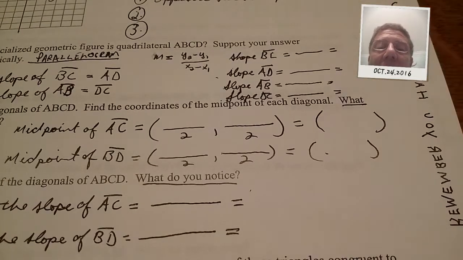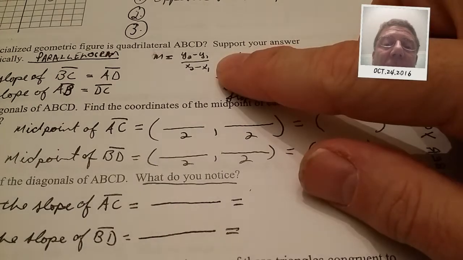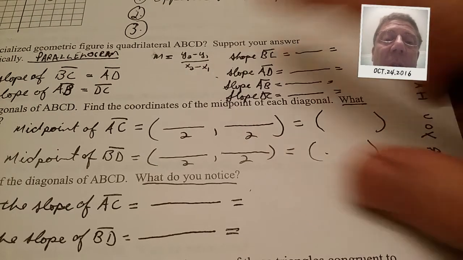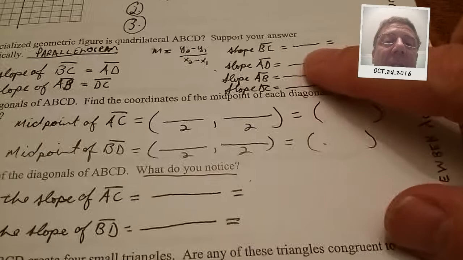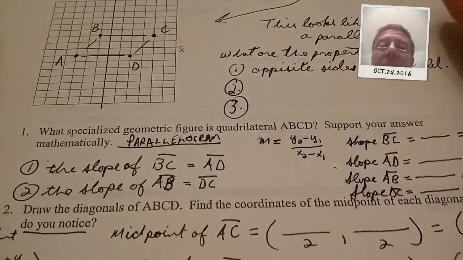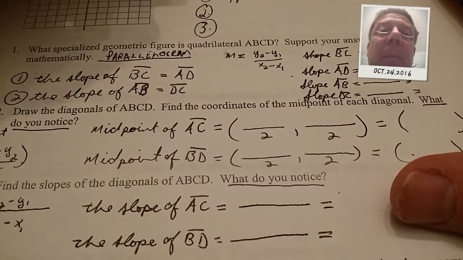And so I come over here and I see that I have a slope formula. Yay, Mr. Anderson, I wrote it down there for you. And so I calculate the slope of BC. So let's see, what are the coordinates for BC?